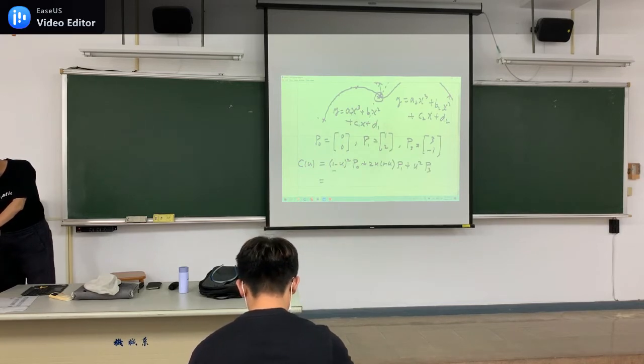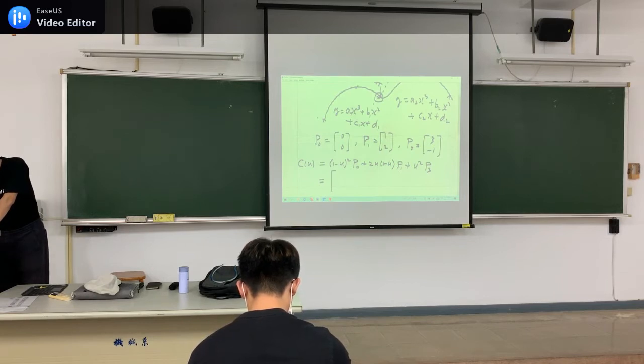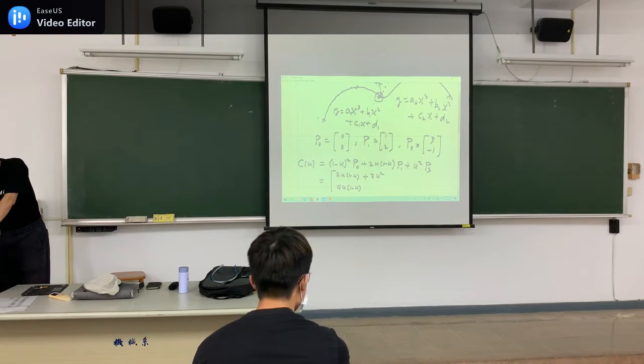So the result will be a vector function. A vector function which will be 2u minus 1 plus 3u squared, and the second component will be 4u minus u minus u squared.